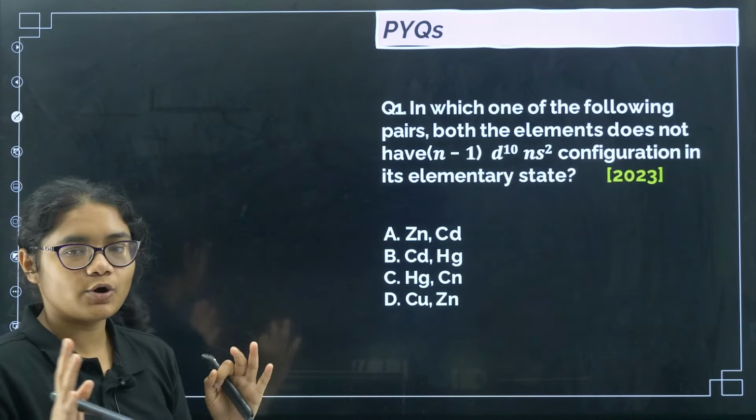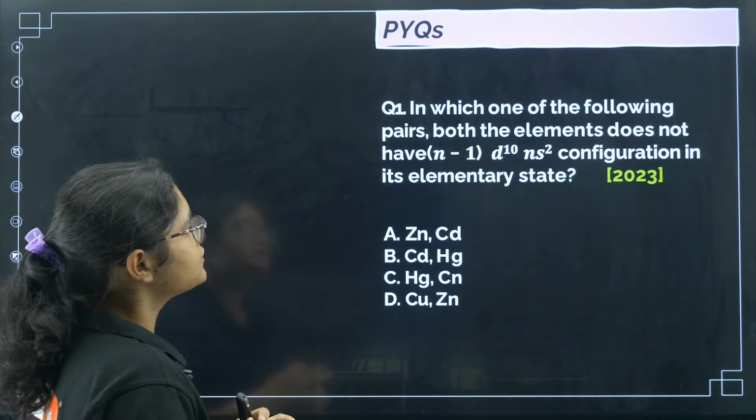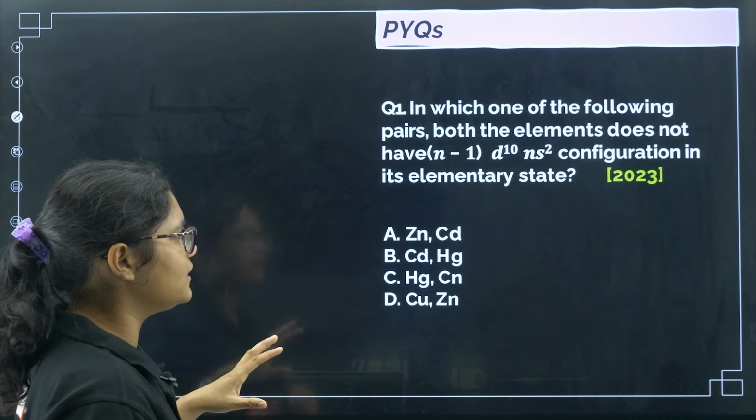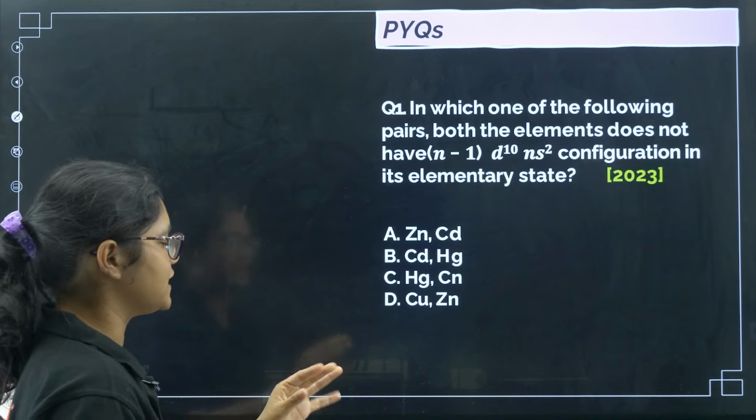Now let us solve this PYQ and understand our level of preparation. In which one of the following pairs do both the elements not have (n-1)d10 and ns2 configuration in their elementary state?